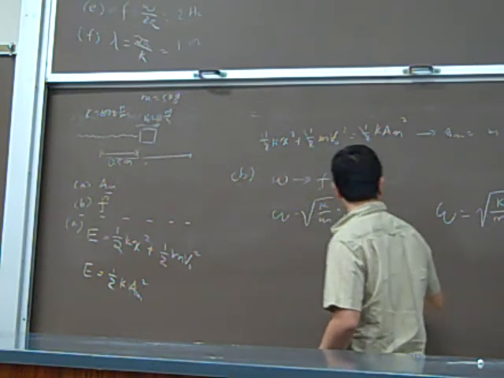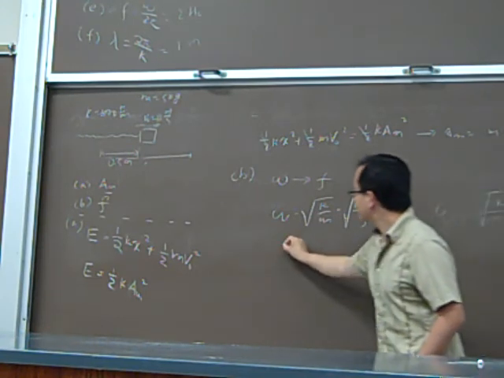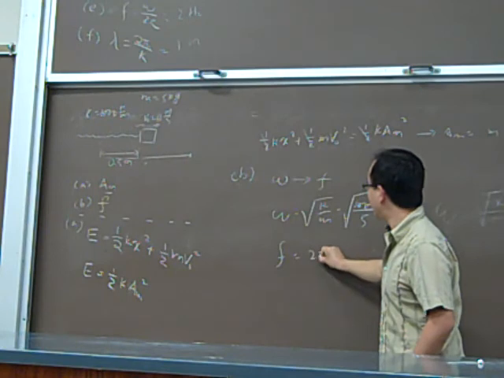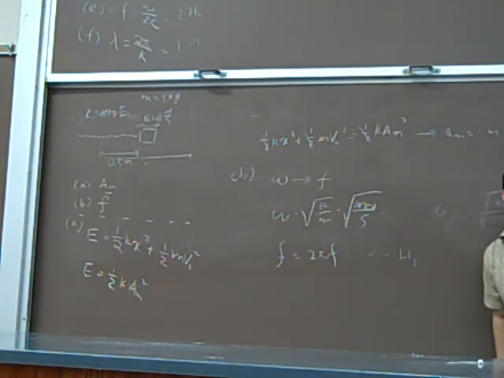You will get some number, and then frequency is simply omega divided by 2 pi, f in hertz. Any question here?